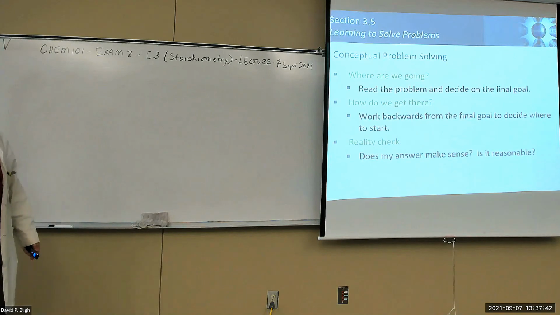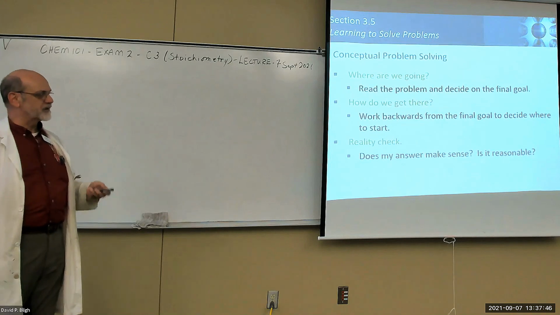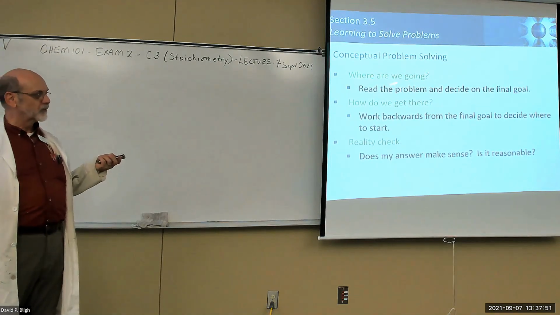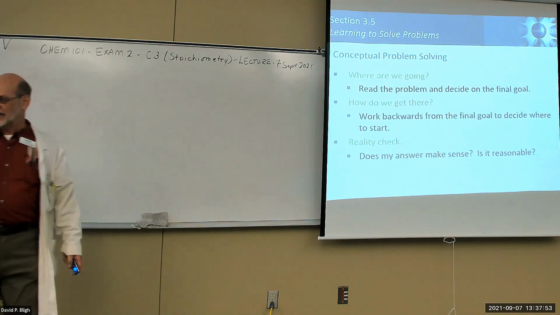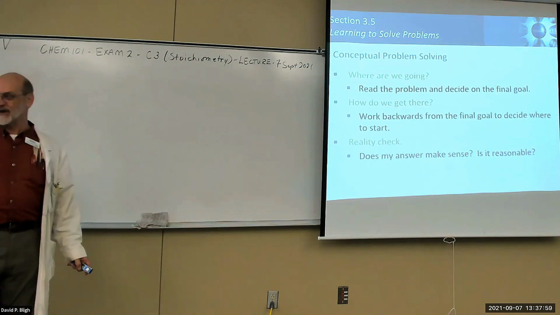Anyway, so this is just a conceptual description of how you solve a problem, right? This first one means, what's the question? Take time to read the question. It'll keep you out of a lot of trouble if you understand what the question is.